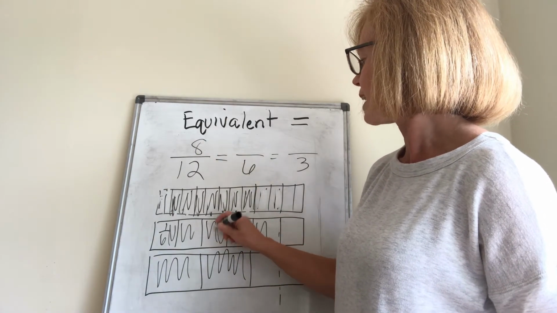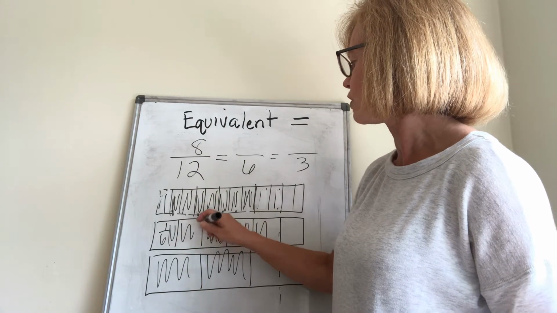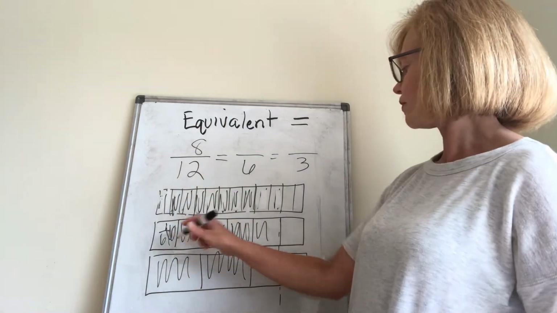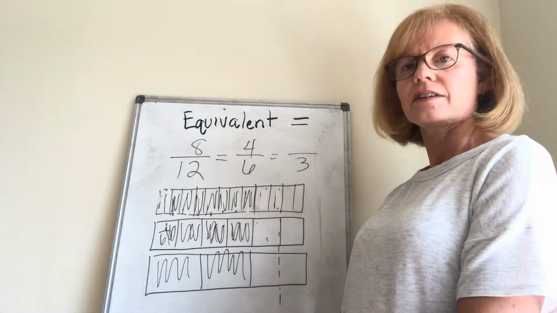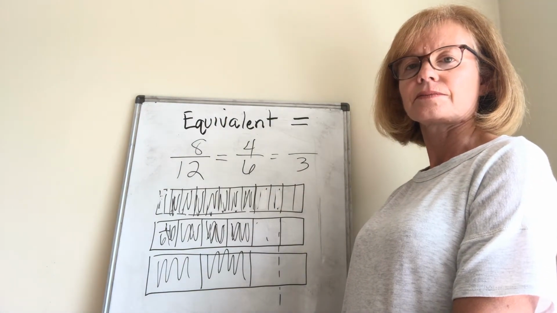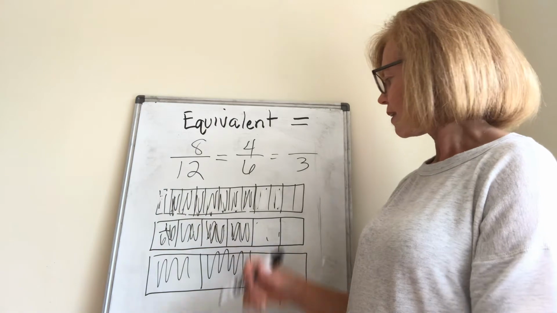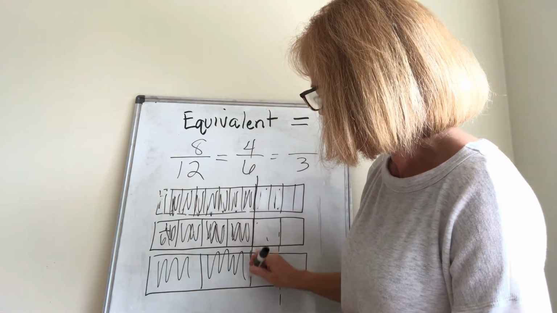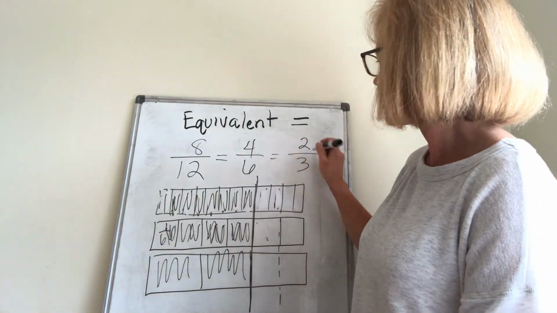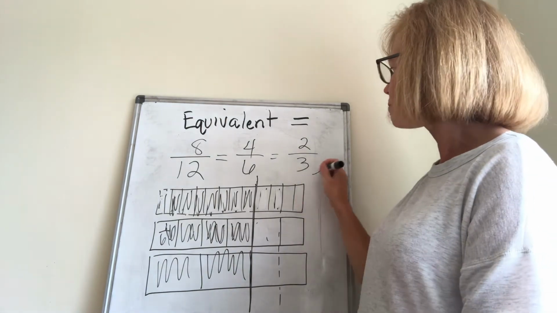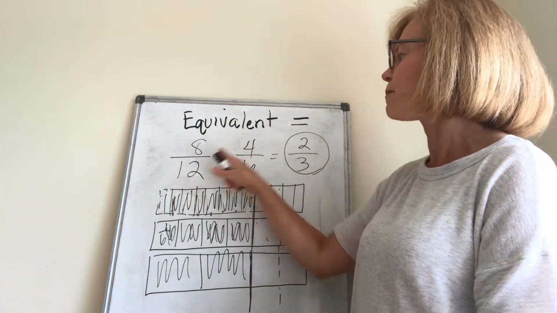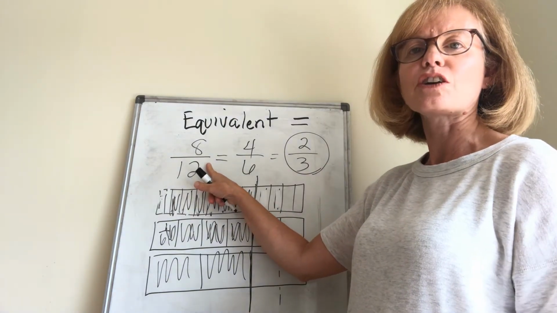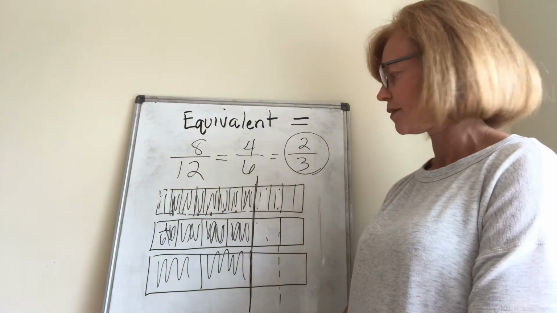Instead of 10/12, I'm going to do 8/12. 8/12 is the same as 4/6. Look, it's also the same as 2/3. This would be the simplest form. These are the smallest numerator and denominator I can have that are equivalent to 8/12.